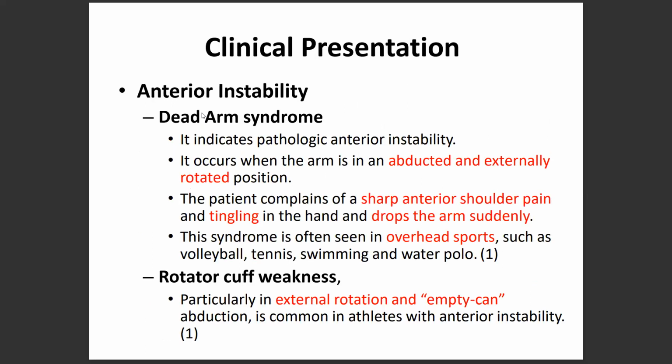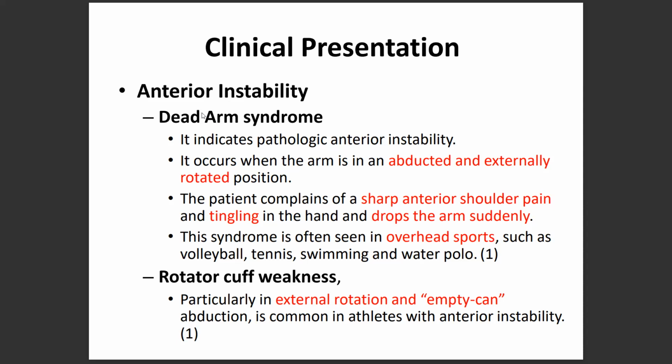Now, if there is a patient with instability, what will be the symptoms? What will be the clinical presentation of such a patient? First of all, we will discuss the clinical presentation of anterior instability, and after that, we will discuss posterior instability.